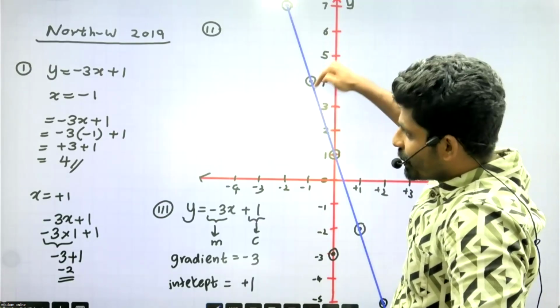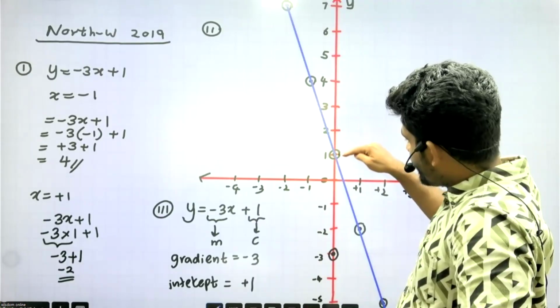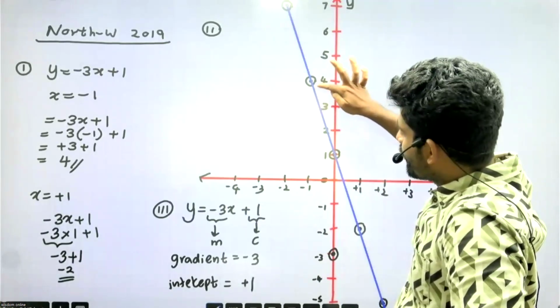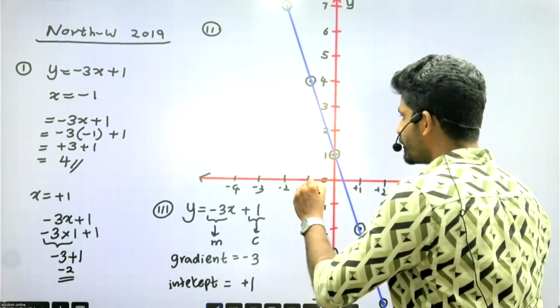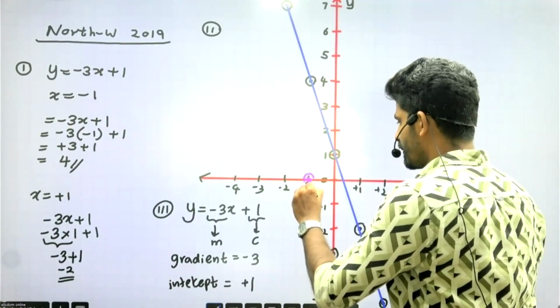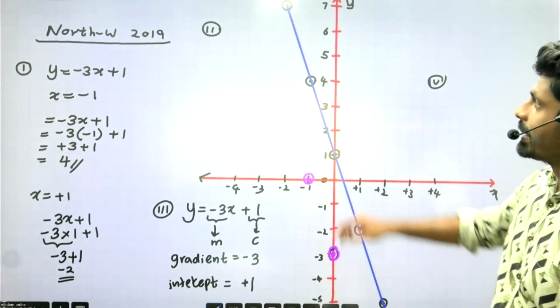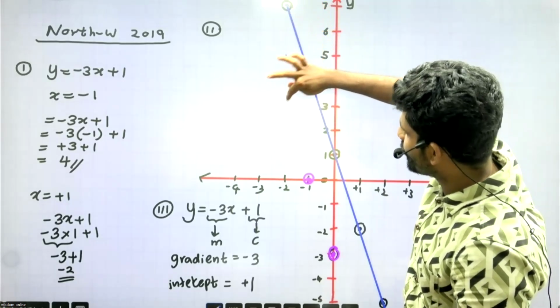This one also you need to move 4 units down. 1, 2, 3, 4. This one also, 4 units down.